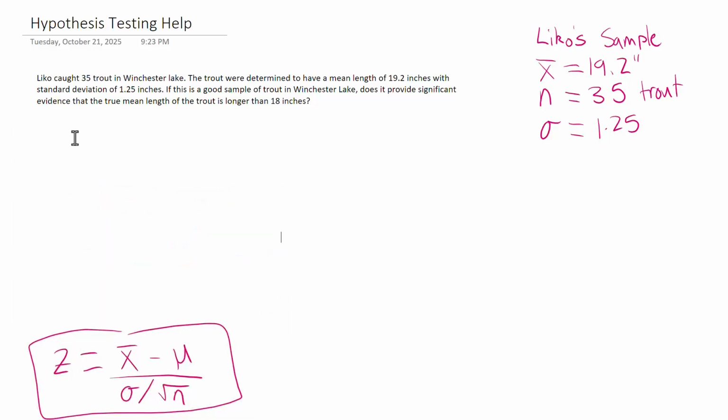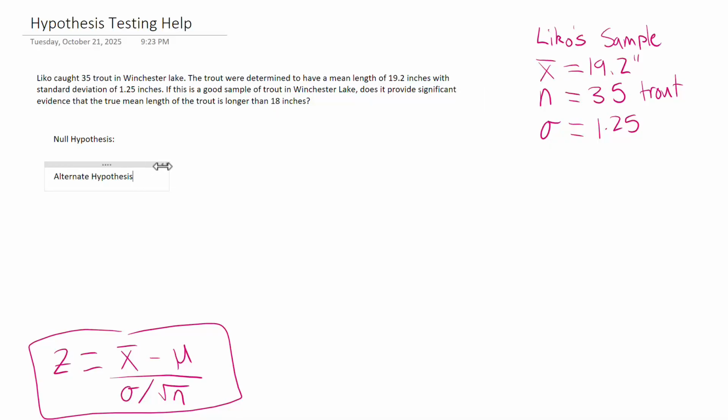But first, let's formulate our null and alternate hypotheses. When we're talking about the null hypothesis, as I wrote, this is going to be that nothing changed, and the alternate hypothesis is that something is different than we originally are assuming.